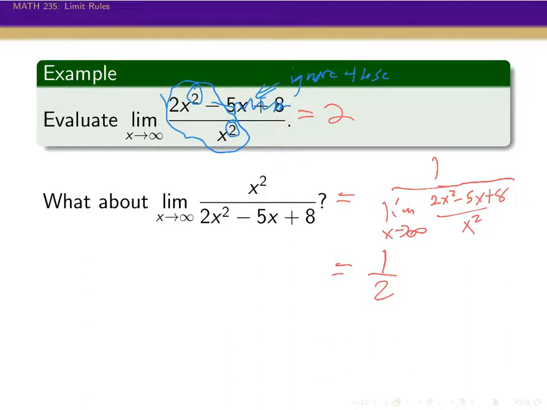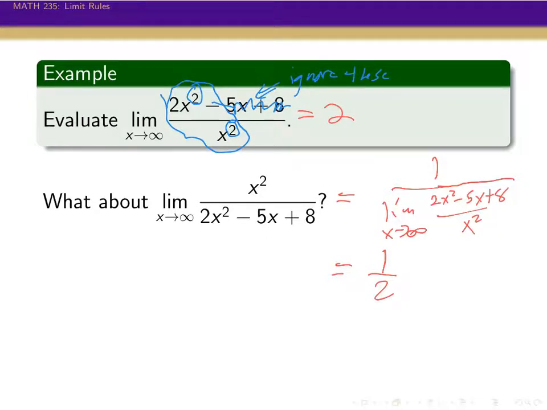And the thinking here, the reason why this works, is that if x gets really, really, really big, like a googol, then if I was to square a googol, that would be enormous, 1 followed by 200 zeros. Whereas the minus 5x, that's only going to be 5 times a googol.